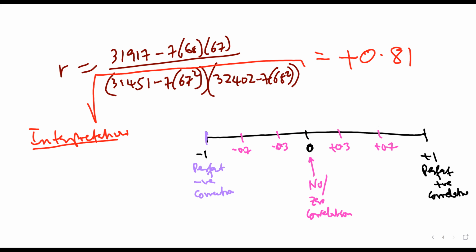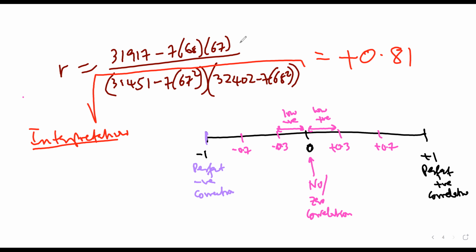So we can say that if the value of correlation coefficient lies within this interval here, you say there is low negative correlation. If it lies between 0 and positive 0.3, you say there is low positive correlation.